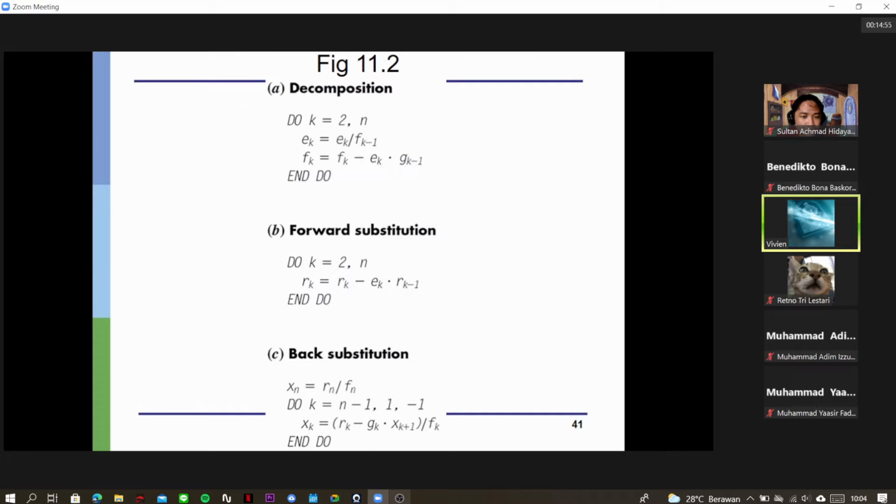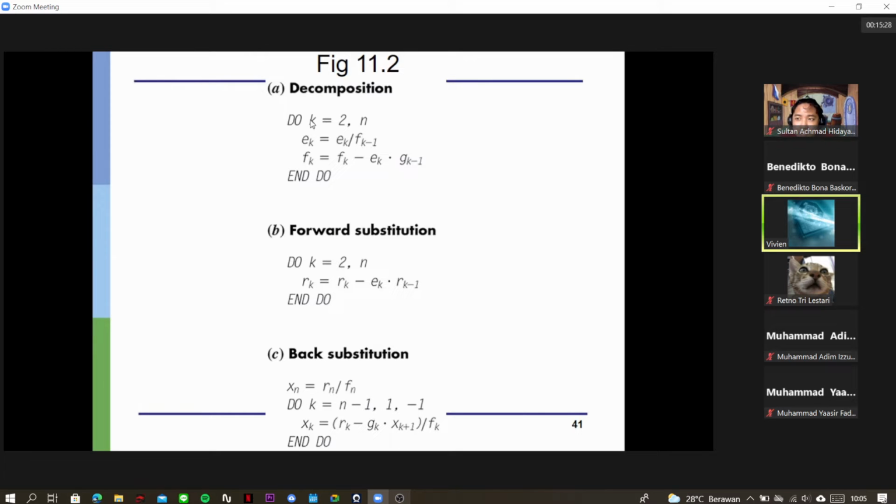So this is the decomposition process, in which E here fills the elements of the lower matrix, and F here fills the elements of the upper matrix. So this is the decomposition process.